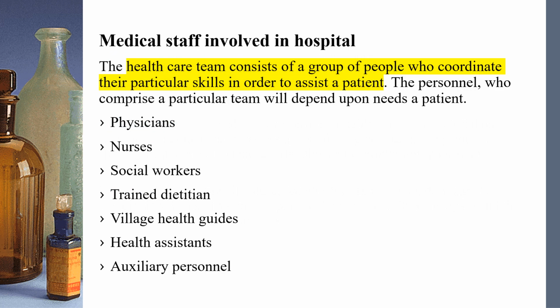Now coming to the medical staff involved in hospital, the healthcare team consists of so many people as we have discussed. So there will be physicians, nurses, social workers, trained dietitians, village health guide, health assistant, and auxiliary personnel. Now let's look into this one by one.